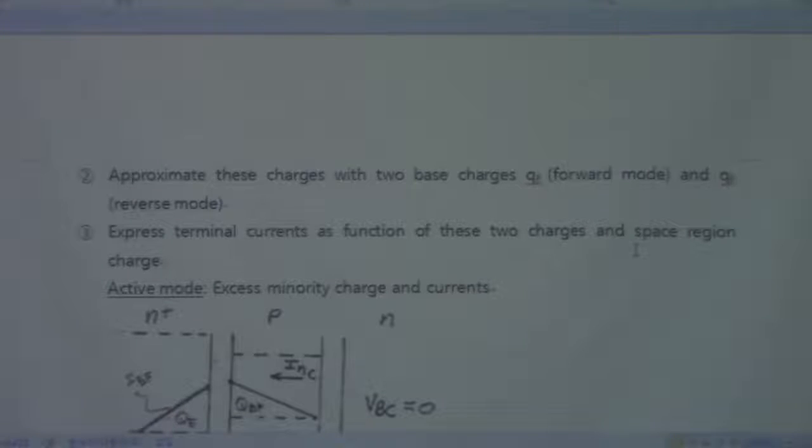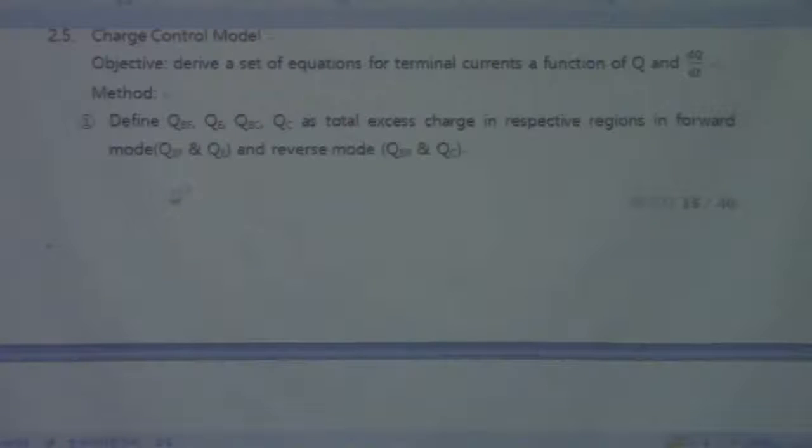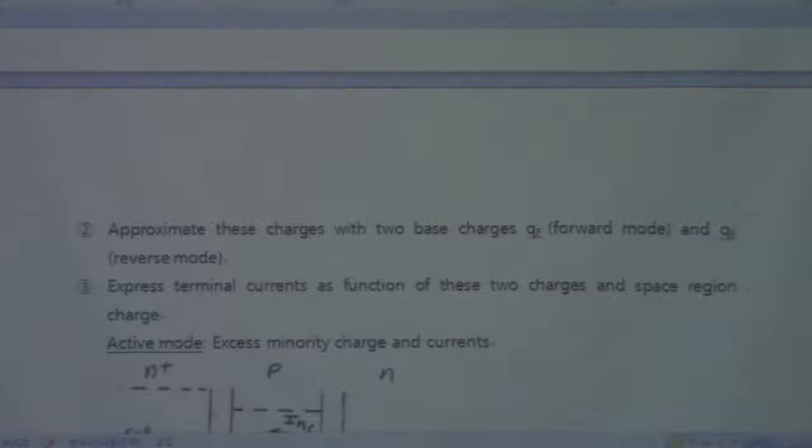We add the forward bias charges QBF and QE into a small QF, and the reverse charges QBR and QC into a small QR, to make the whole equation simple, and then express the terminal currents as a function of these two charges.